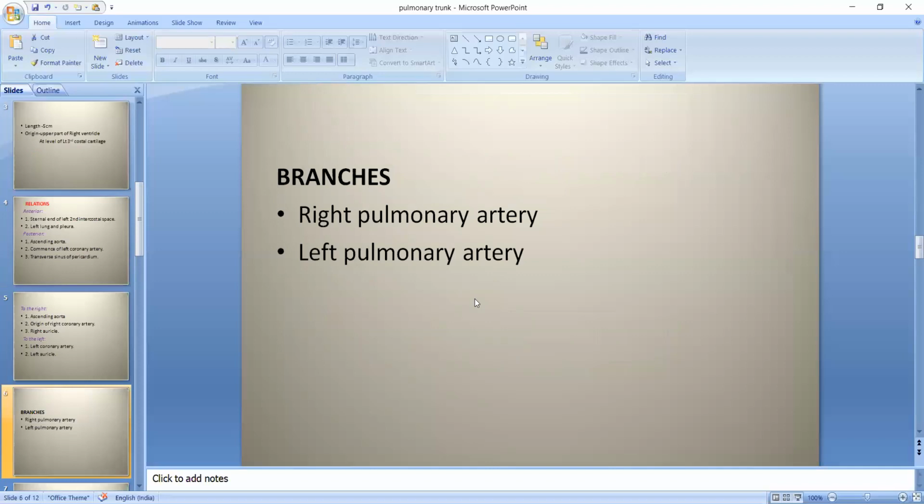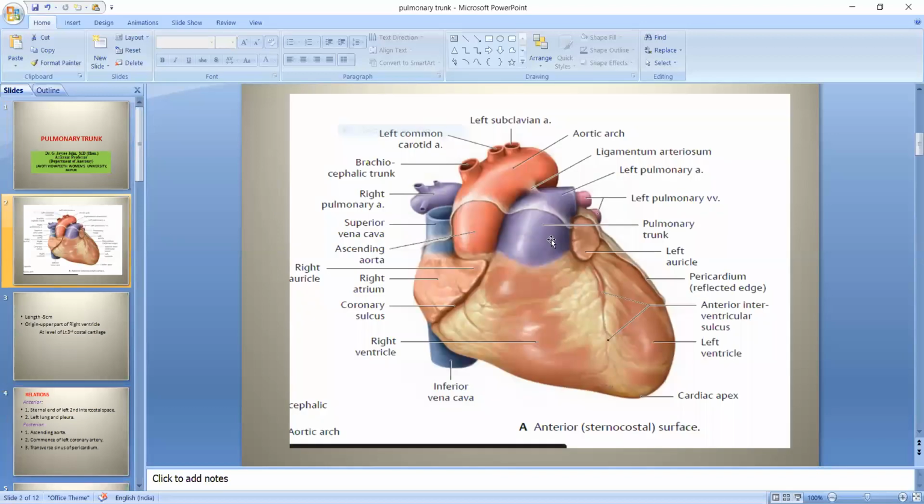Now we are discussing the branches of the pulmonary trunk. There are two branches, the right pulmonary artery and the left pulmonary artery. This pulmonary trunk emerges from the upper portion of the right ventricle and runs upwards.